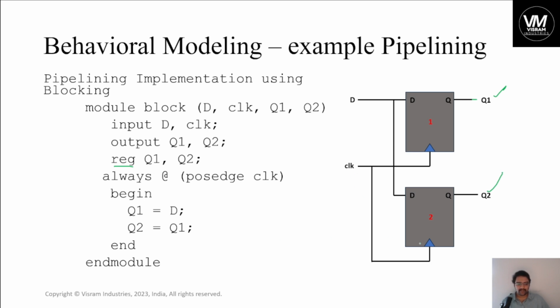Based on the clock high value, this will be enabled. Step by step, this is the first step, this is the second step, register is the third step, always is the fourth step, and begin and end is the fifth step.